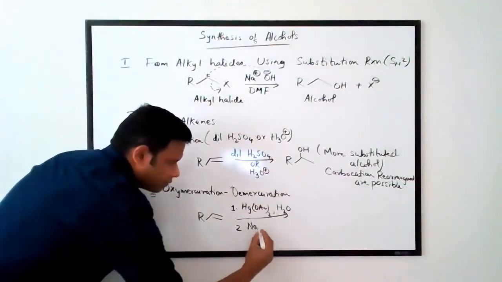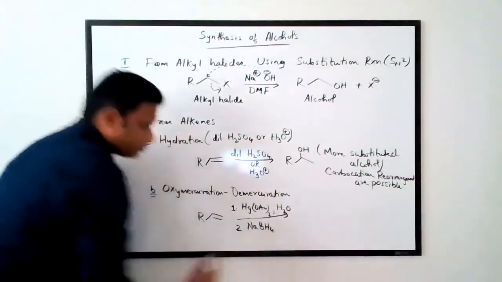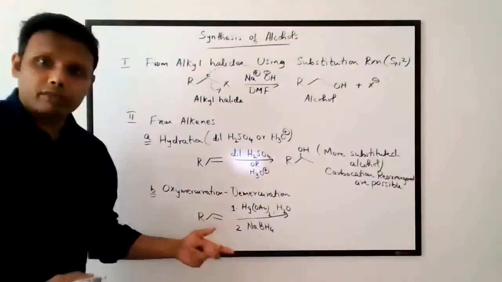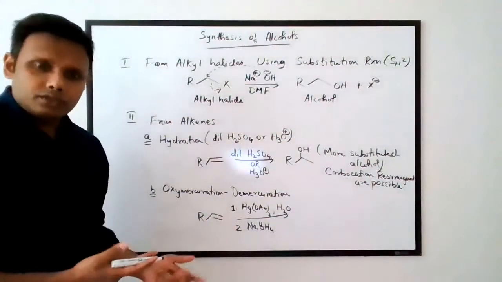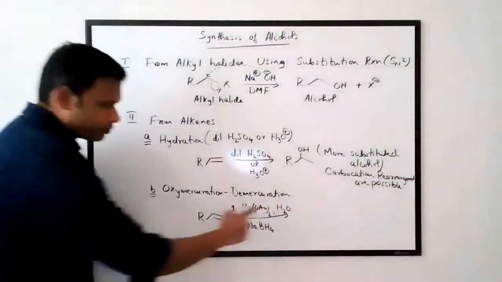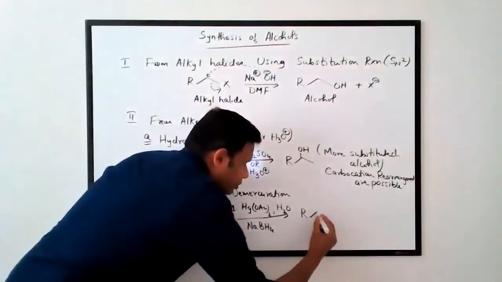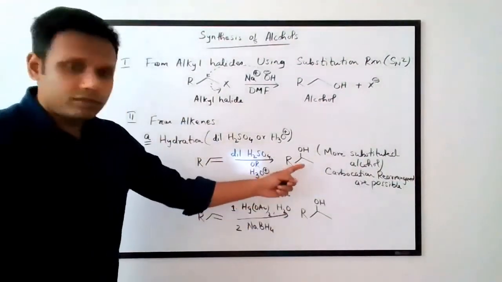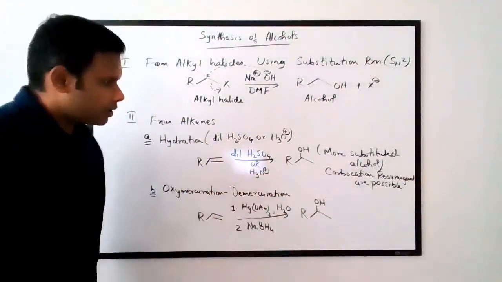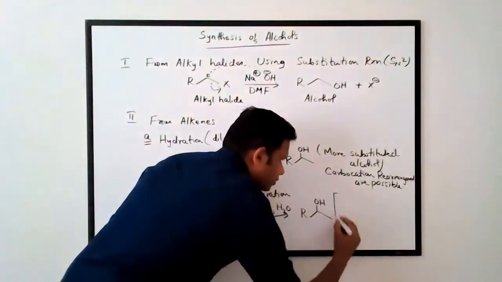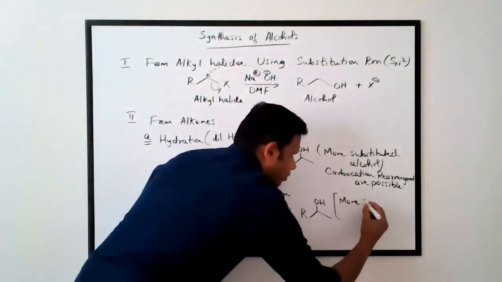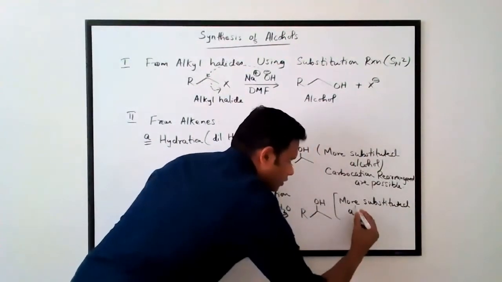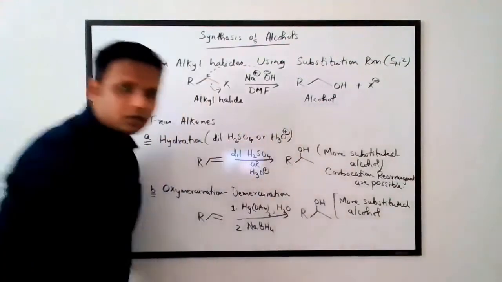You have to finish this off with a reduction using sodium borohydride. We are going to learn more about sodium borohydride and its use in making alcohols in a subsequent video. But when we do this, our product is identical to what we made using the hydration reaction: the more substituted alcohol.